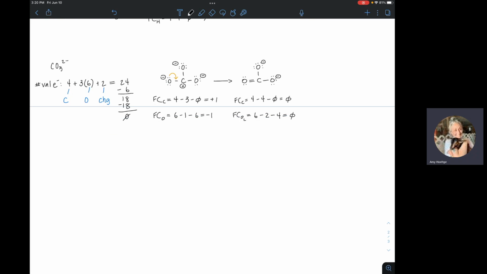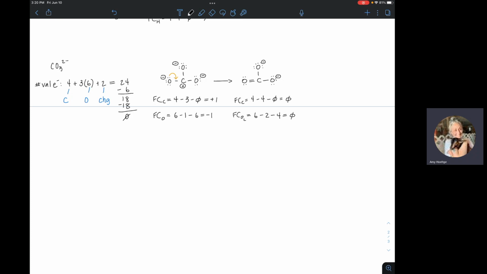So here we have no formal charge for the carbon, and the oxygen on the left now has no formal charge. You might be tempted to make another double bond and try quenching those negative charges on the oxygens. But here's the thing: carbon already has 8 electrons around it, so you can't make another double bond in addition to the one you already have.